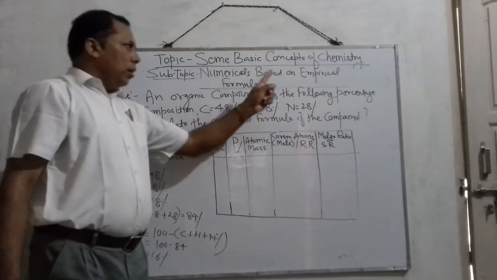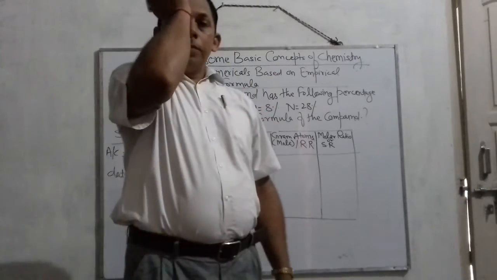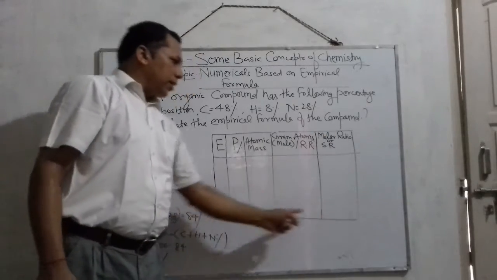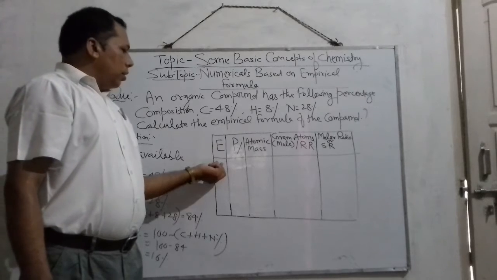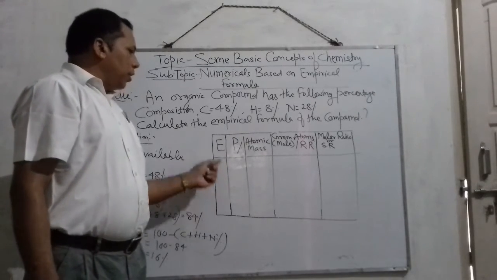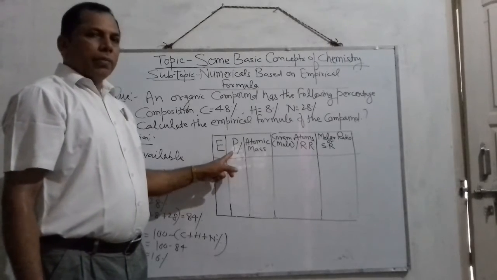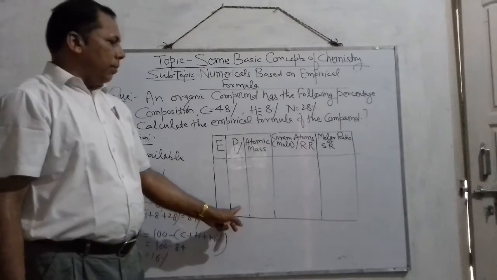In the determination of the empirical formula of compounds, you know that a table is constructed. In the first column we write the element symbol. In the second column, the percentage column, we write the percentage of each element.